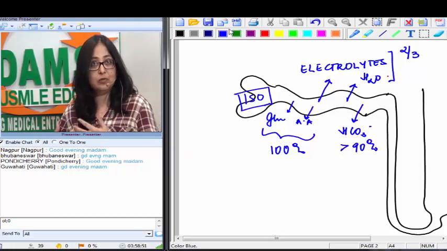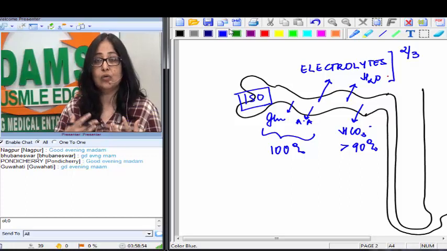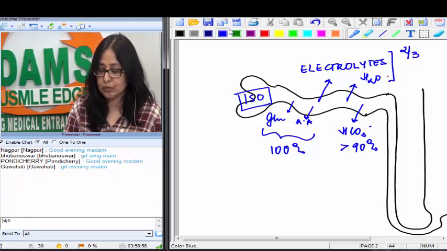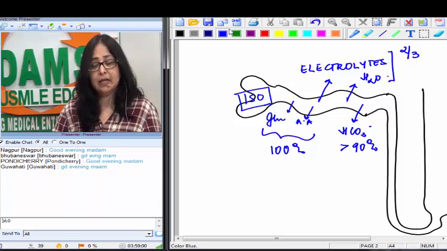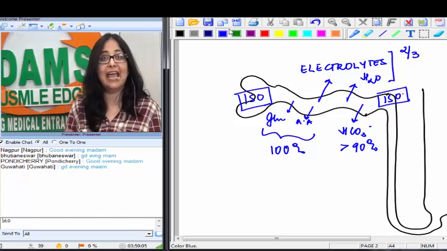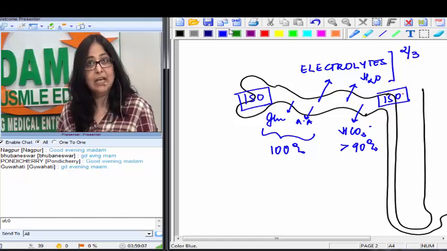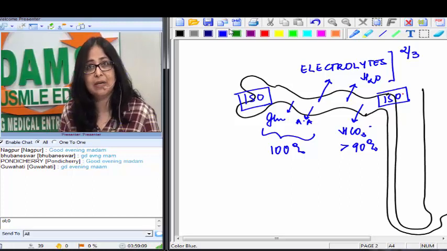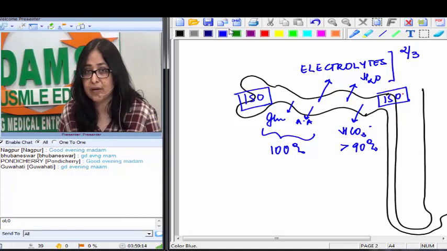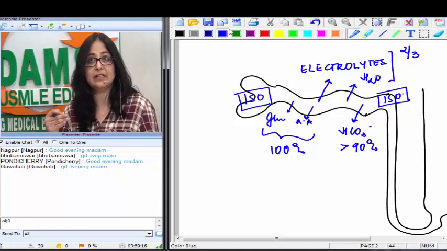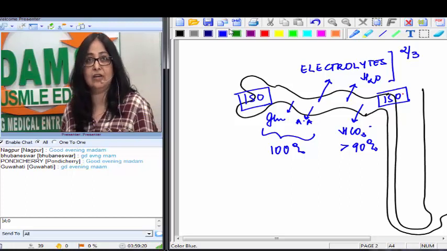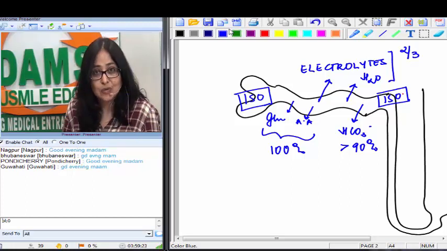Electrolytes and water are absorbed to the same extent, so that the fluid continues to remain isotonic by the end of PCT. So these are the major changes in the PCT: glucose and amino acids absorbed 100%, bicarbonate more than 90%, electrolytes and water about 2/3 or 66%, so the fluid at the end of PCT continues to remain isotonic.